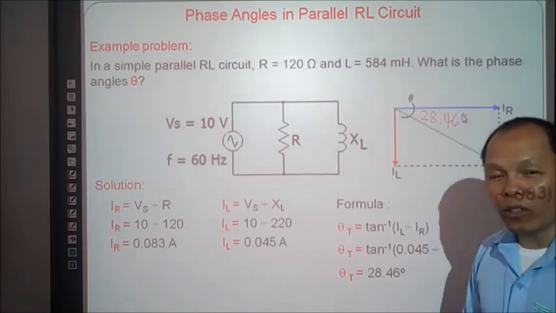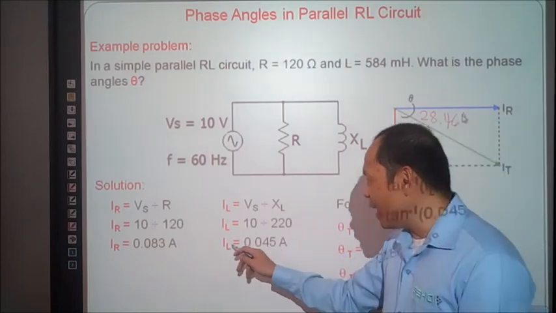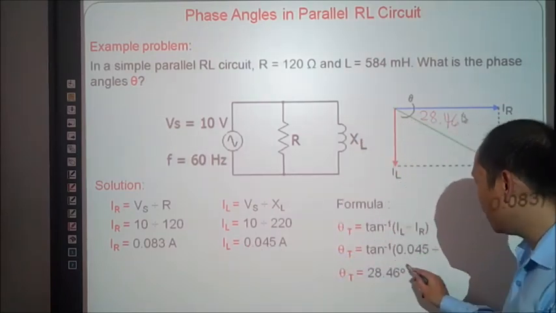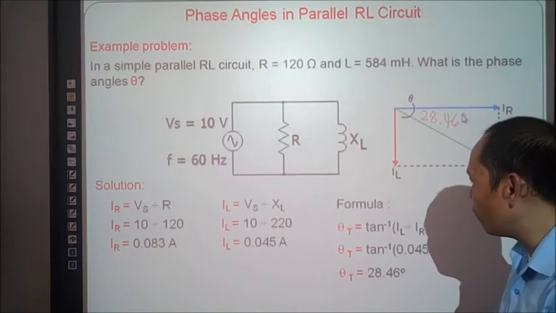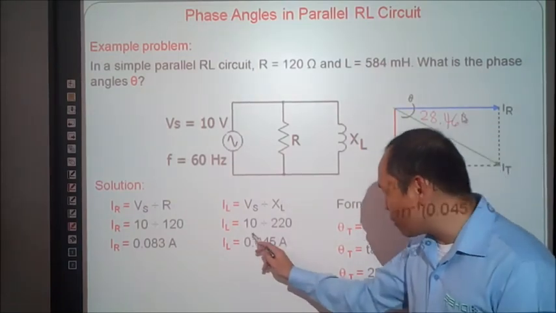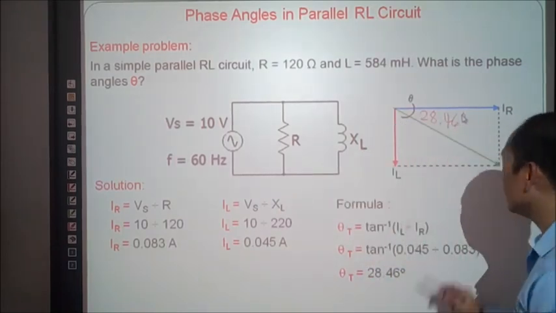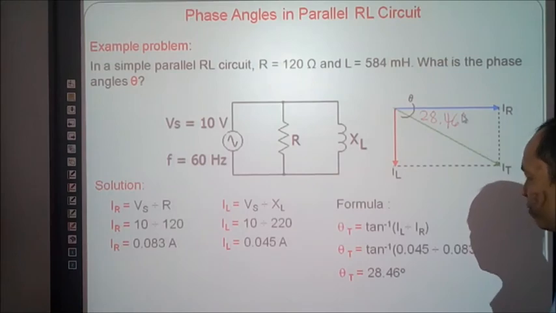Now, if you know the trigonometric functions, you can solve for the IL using this value here, and you can also solve for the impedance using this value here. And this one, you can solve for the total current.